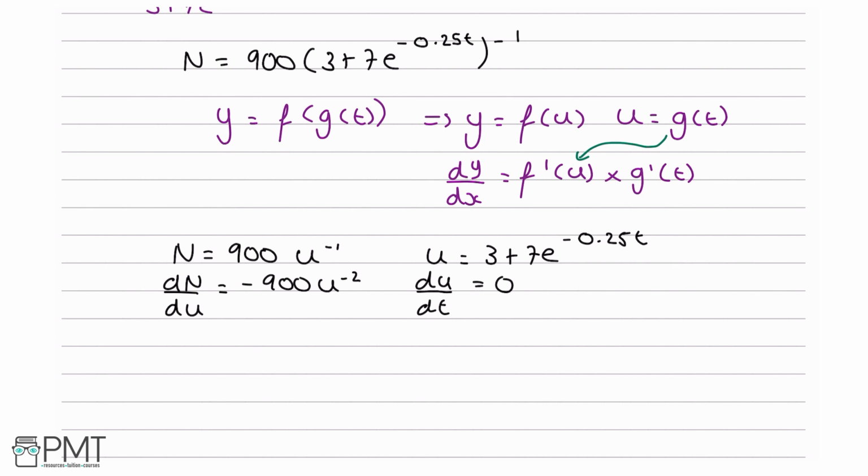What you would do is bring this minus 0.25 in front of the exponent, so you would get minus 0.25 times 7 times e to the minus 0.25t.